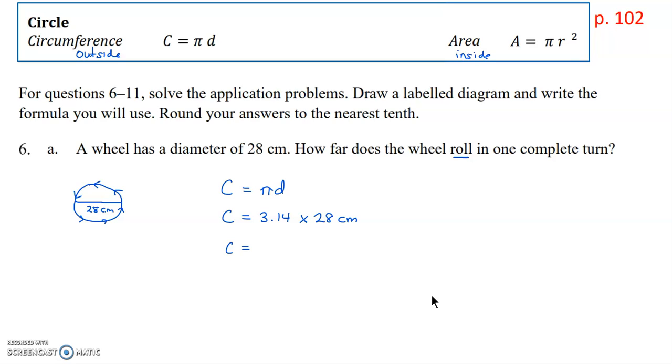So we take 3.14 times 28, and we get 87.9. Just going to double check. 87.92 centimeters, but they want us to round the answer to the nearest tenth, so that will be 87.9 centimeters.